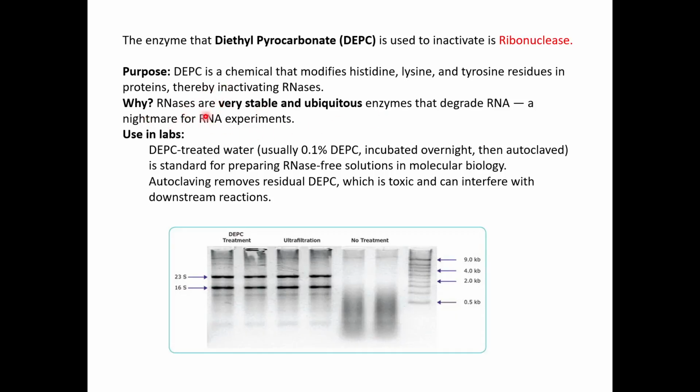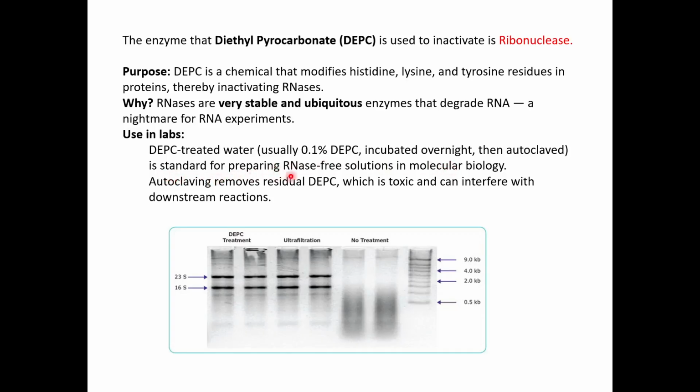For this reason, we need DPC water, which will eliminate the activity of RNases. We use this in the lab, DPC treated water, usually 0.1% DPC. It is incubated overnight and then autoclaved.